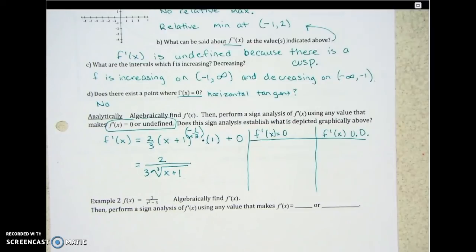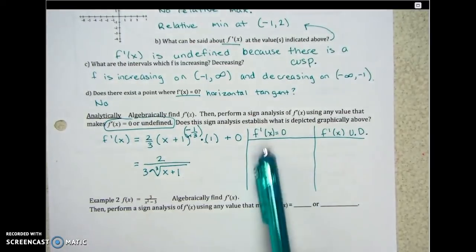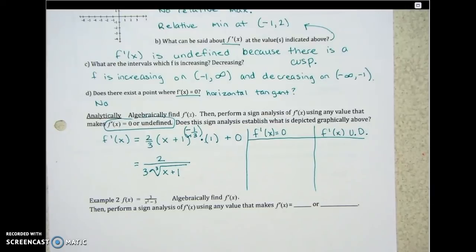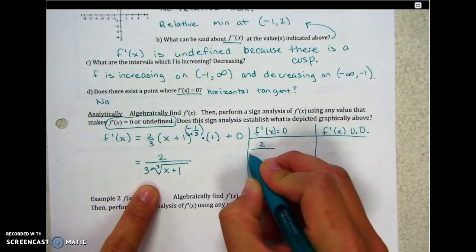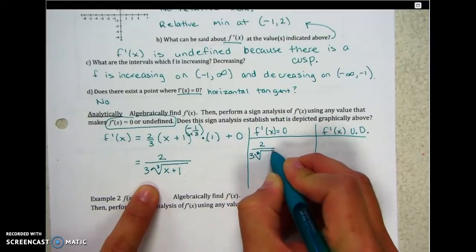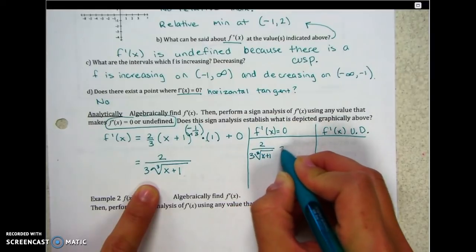You have to declare to the reader, just like if you're writing an essay, this is where I'm finding the derivative equal to 0. Label your work. Ready, get set? This is our derivative, right? What are we going to do? Set it equal to 0.